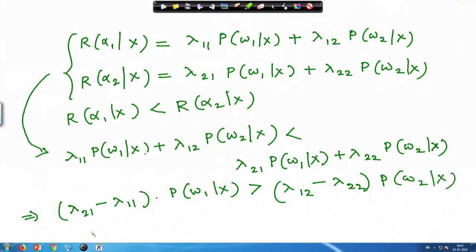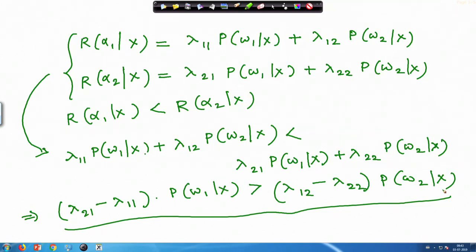So, this is the condition that has to be satisfied, that is (lambda 2 1 minus lambda 1 1) into p of omega 1 given x has to be greater than (lambda 1 2 minus lambda 2 2) p of omega 2 given x.